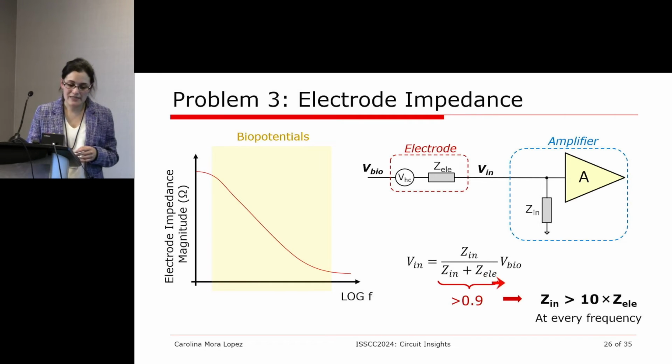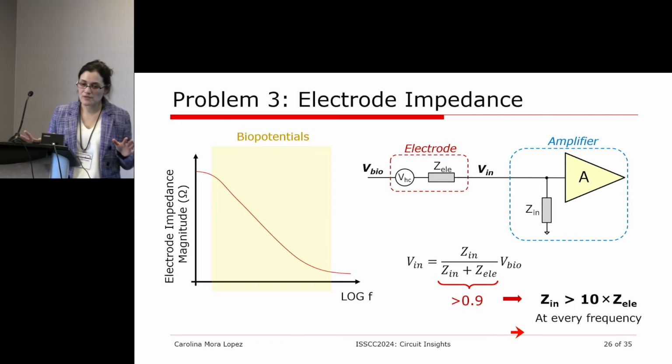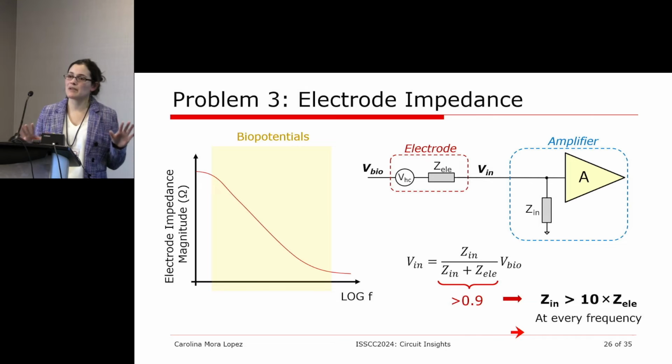And we want to achieve that your input impedance of your amplifier is at least 10 times higher than the electrode impedance, and very important, that needs to happen at every frequency point. Although for most amplifier designs, this may not be a problem, when you start applying techniques in your amplifier to reduce noise or to eliminate electrode DC offset, you will end up in situations where achieving this condition is not so straightforward.